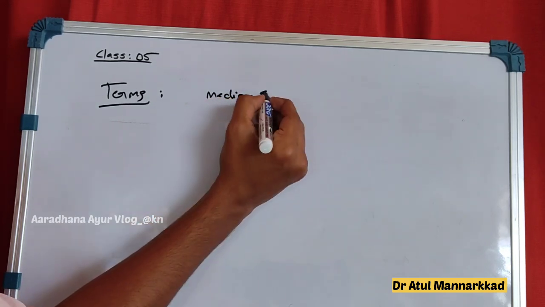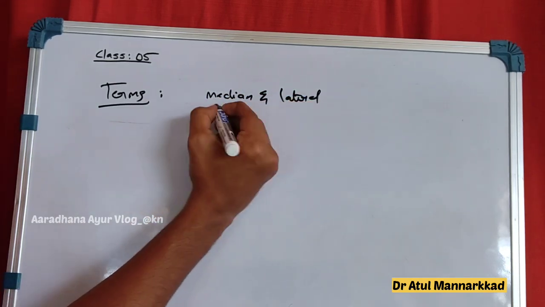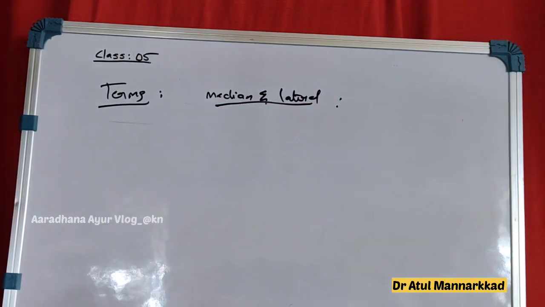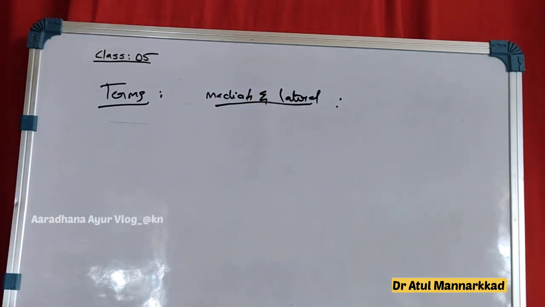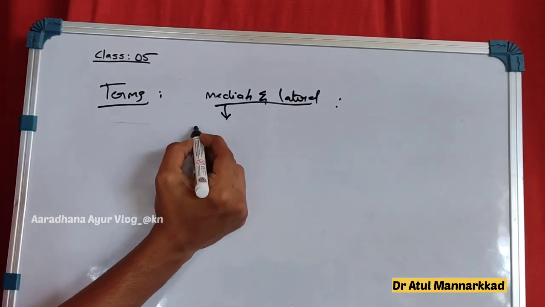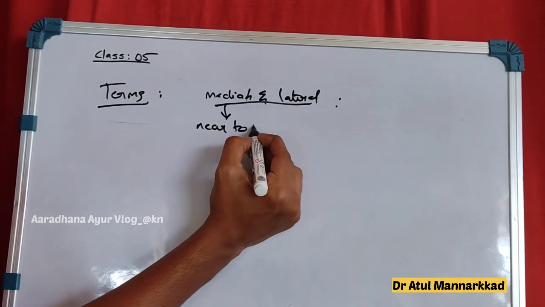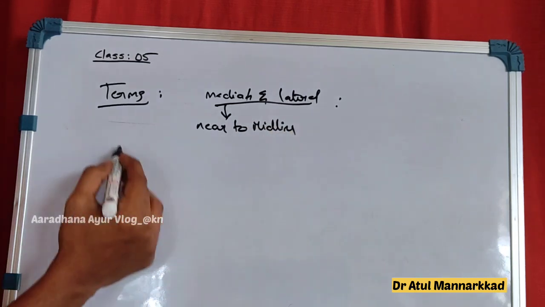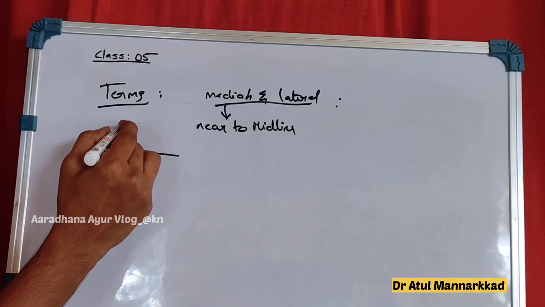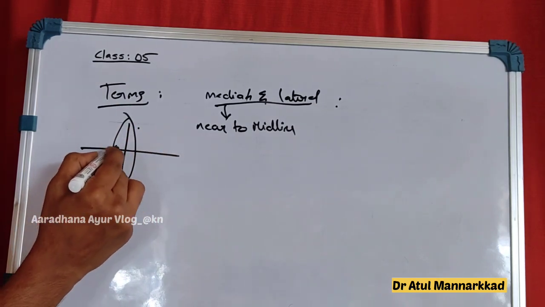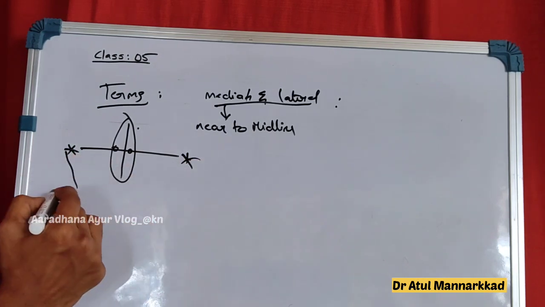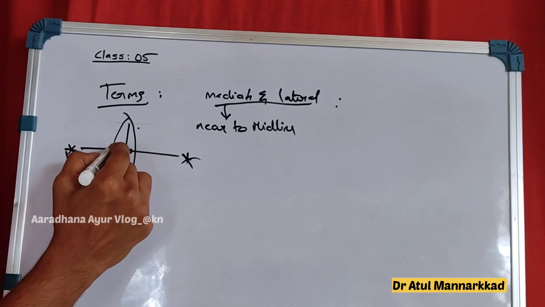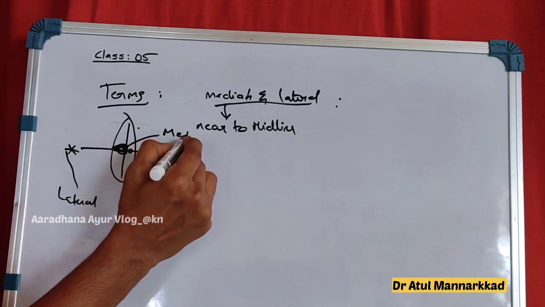Next we will see what is medial and lateral. We had discussed this in the first video. If you have watched that one, you may know. When we discussed the clavicle, we told medial and lateral. Medial means, as I told, relating to the midline. Structures which are near to the midline, if this is the midline, the structures present here are called medial. The end here is the lateral one, and if it is near to here, we call it medial.